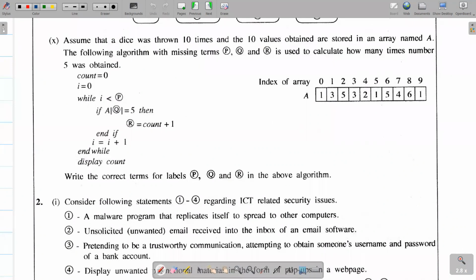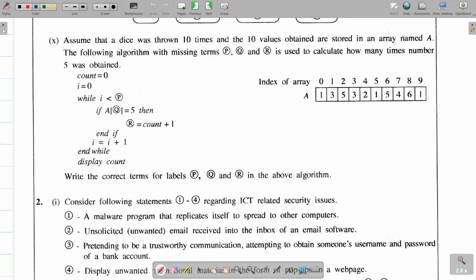It says assume that a dice was thrown 10 times and the 10 values obtained are stored in an array named A. The following algorithm with missing terms P, Q, and R is used to calculate how many times number 5 was obtained. So you need to understand how many times the number 5 has been obtained. The output should be the number of times that you see the number 5. So that means you have to count the times that you can see number 5.